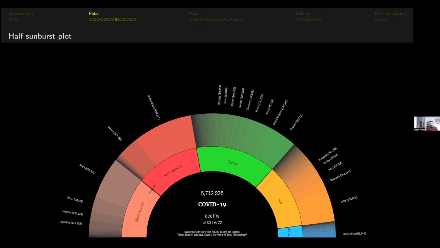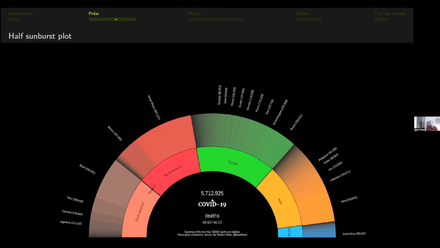And so this was the next version that I created, where we just do a half circle, and then basically it's easier to compare these things with each other, and it fits neatly on the screen.